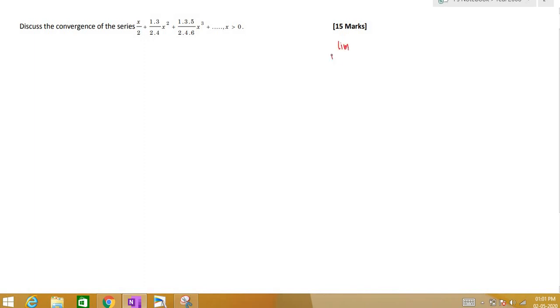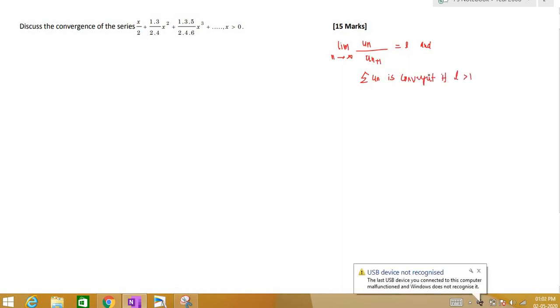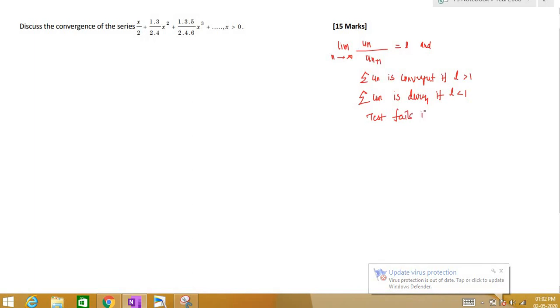If limit n tends to infinity un by un plus 1 is equal to L, then summation un is convergent if L is greater than 1, divergent if L is less than 1, and the test fails if L is equal to 1.